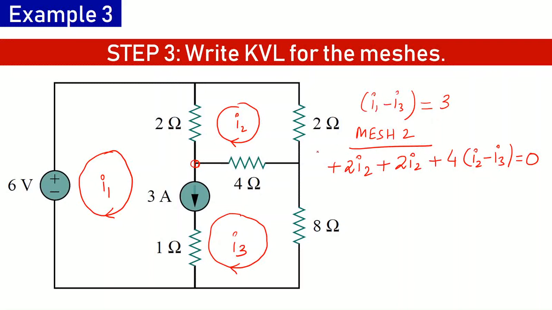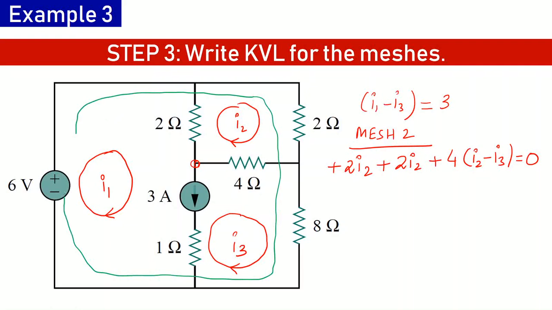For that equation we will not use mesh 1 or mesh 3, but we will take a loop using which we can write the equation. Here I am taking an outer loop in a clockwise direction, and this is what we call a super mesh. I am writing the equation for this super mesh starting from the lower potential terminal of the 6 volt source.